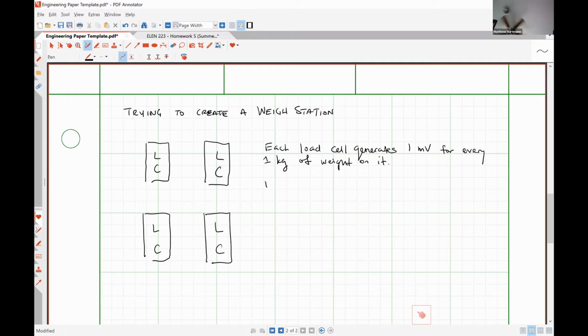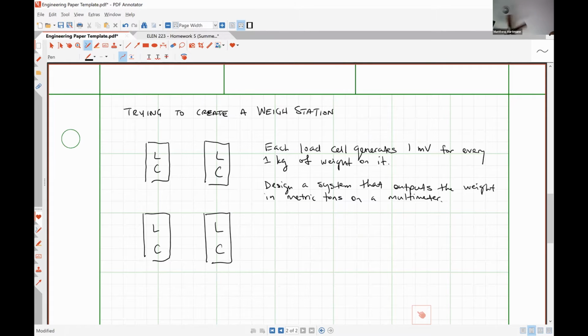We want to design a system that outputs the weight in, let's say, metric tons, on a multimeter.